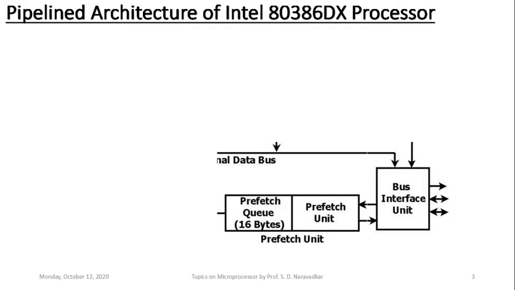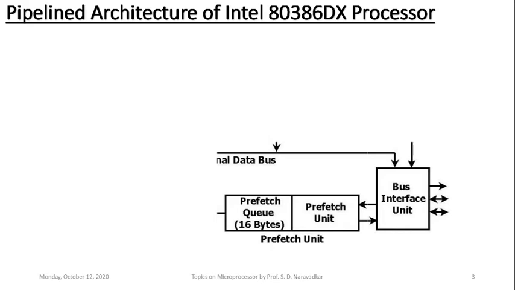The prefetch unit, the second unit of that pipeline structure, contains internally two sections, the basic prefetch unit and the prefetch queue of 16 bytes. So this is the second pipeline unit of that 80386DX processor.